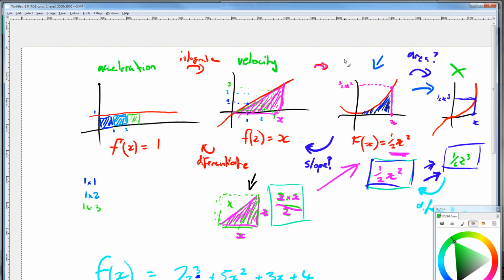And we integrate velocity, we're going to get position. And by the same token, if we differentiate position, we're going to get velocity, and if we differentiate velocity, we're going to get acceleration. Is that something you're reasonably comfortable with? I mean, you kind of blew my mind there, but it makes sense.